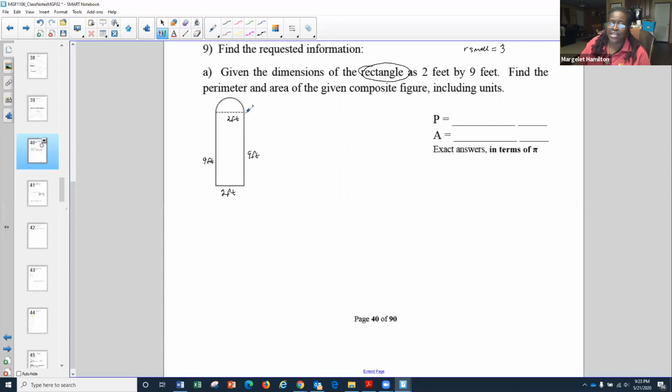We don't know what that is yet, right? This right here is half of a circle. Do we agree? Some people will say a semicircle. We can keep it nice and simple and just say half a circle. We don't know that yet, so we've got to find that. Then we can find the perimeter. Okay? Let's go for it. So our first part.